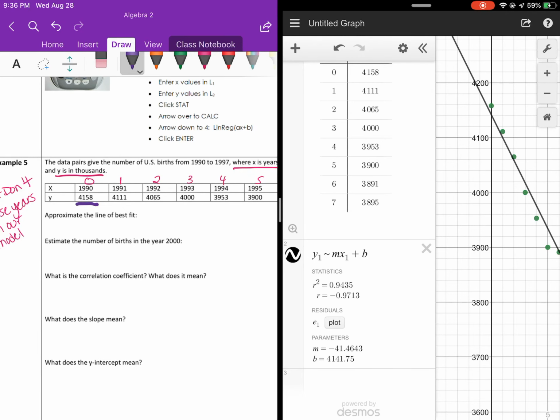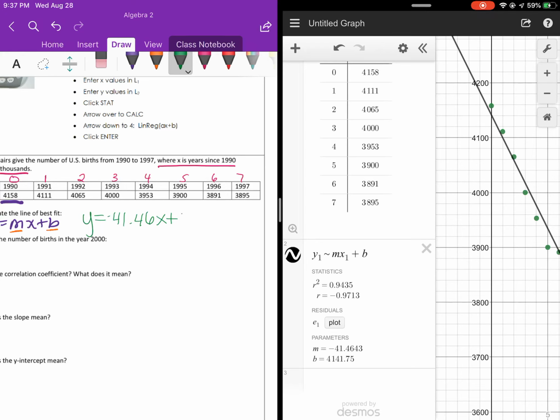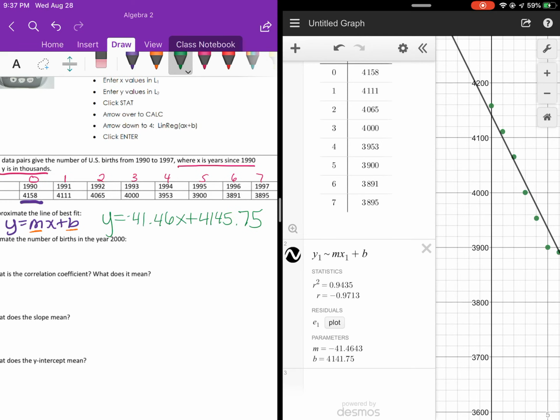My line of best fit will be y equals mx plus b, but I'm going to substitute in m and b for the values that I found over here. So it's going to be y equals, slope was negative 41.46x plus, and my b, 4145.75. So this was negative out front. So this is my line of best fit.